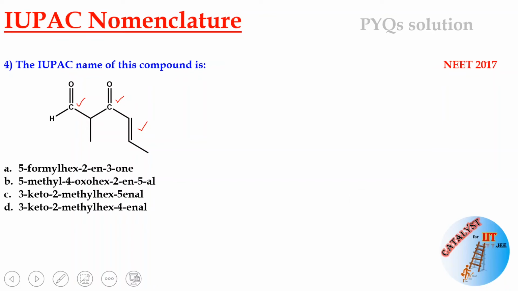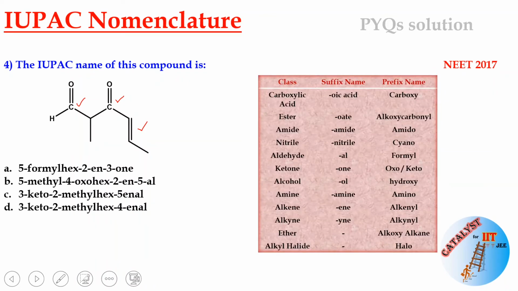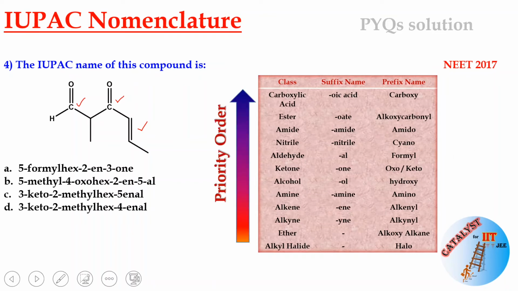So this is the priority order. This is the table in which different classes of functional groups are present. Suffix names are also given and prefix names are also given, and this is the priority order for all the functional groups. Now we have this aldehyde functional group, this ketone functional group, and this alkene functional group.